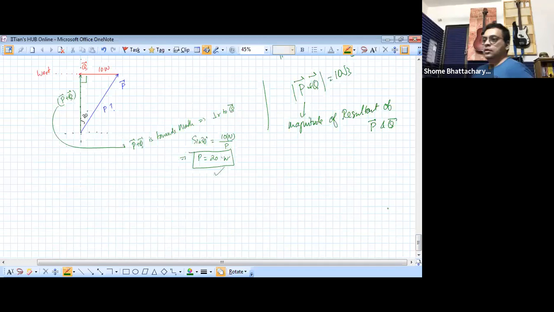Okay, so what does this inverse thing mean? Let's understand this.